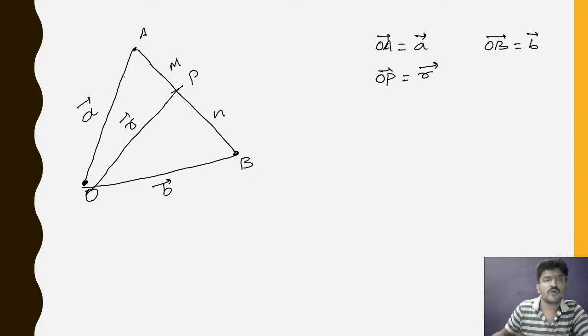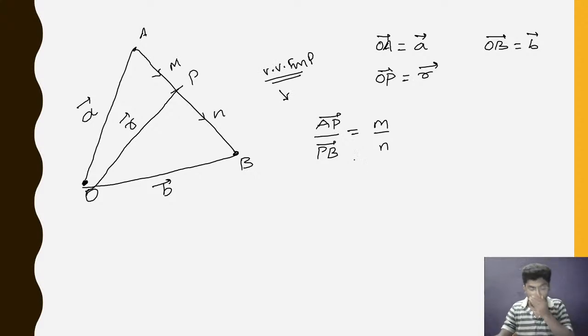So now from this triangle AOB, you can write vector AP divided by vector PB equal to m by n. Very, very important. If you know this, you can write the complete theorem.